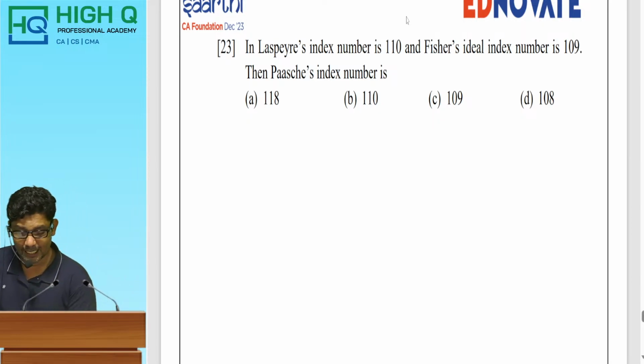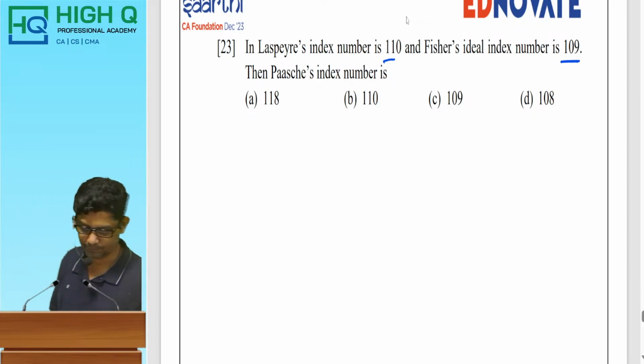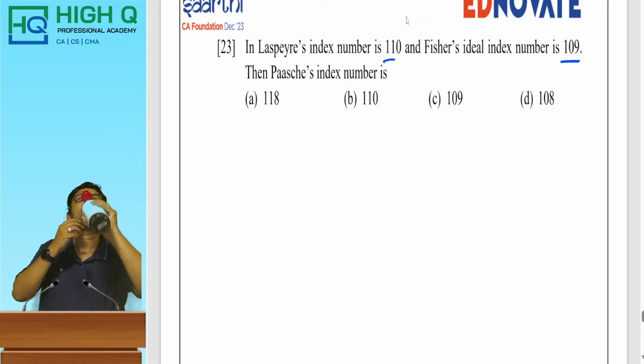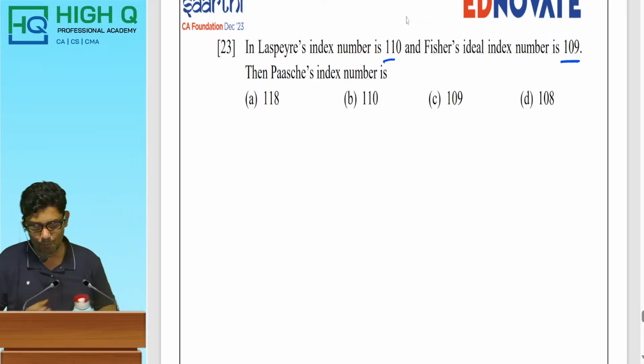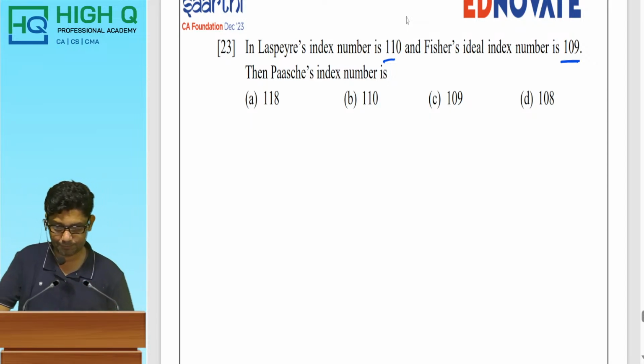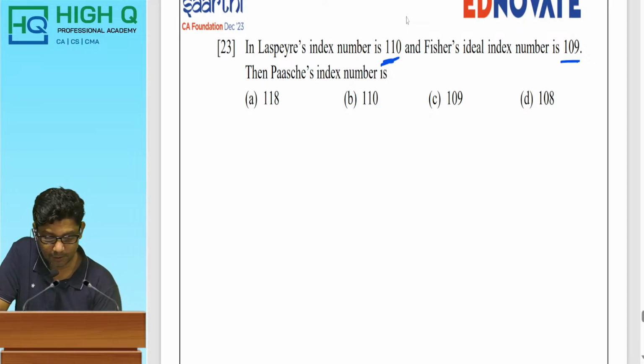Now, Laspeyres price index number is 110. Fisher's index number is 109. I want you to find out Paasche's. Everyone getting D? Laspeyres is 110, Fisher's is 109.